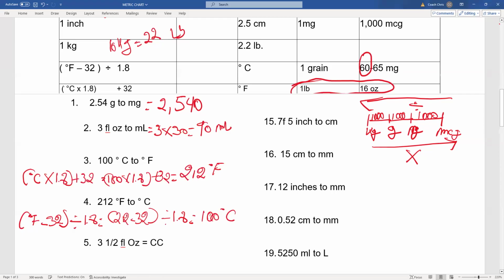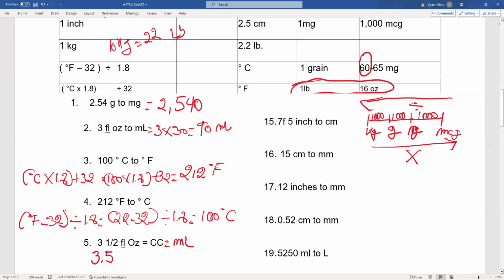All right, so let's talk about number 5. Anytime you have a fraction, you have to convert that to a decimal number before you do your multiplication. So 3 and 1/2, it gives you 3.5. Ounce to cc. Remember, we say cc is the same thing as a milliliter.